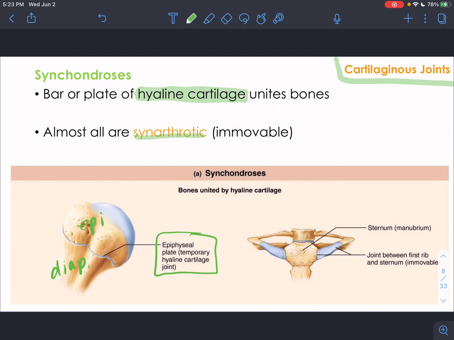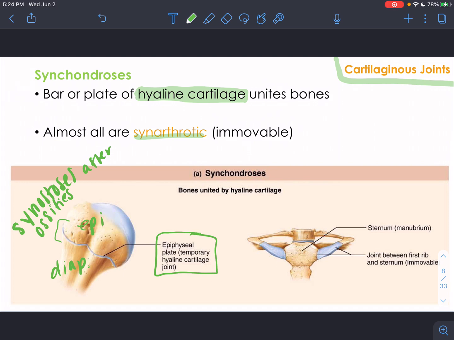So remember, the plate is the hyaline cartilage joint where bone growth occurs, right? Eventually that's going to ossify as well. And it's going to become a synostosis, kind of like the sutures, after the bone ossifies. So after it ossifies, okay, because then it's going to become only bone.